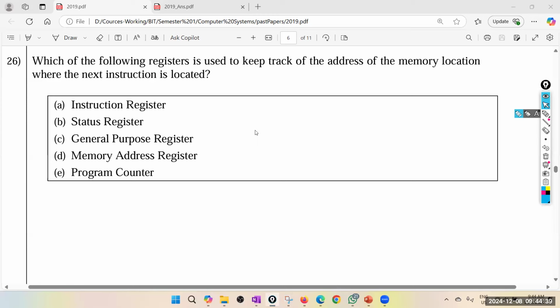General purpose registers, instruction registers, status registers, base and index registers that we just discussed. Then memory address register, memory data register. Program counter is another register. So out of those, which register keeps track of the location of the next instruction?